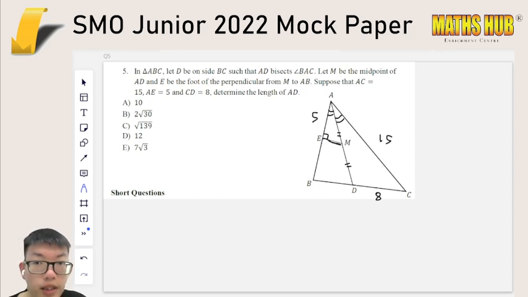Because EM here is actually the distance from M to AB. So we can do the same thing to the other side. These two would be congruent triangles, the distances would be the same, and that is equal to 5 as well.